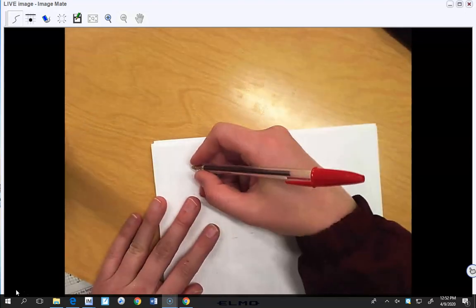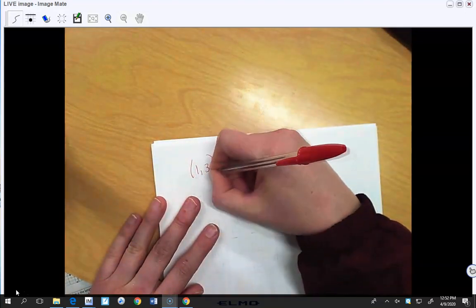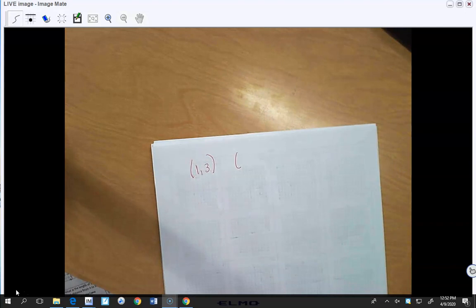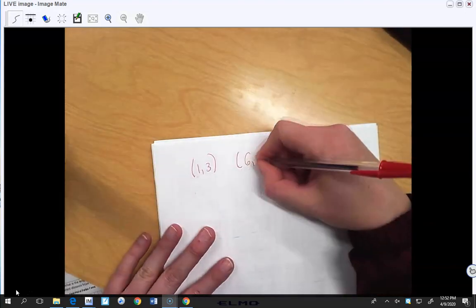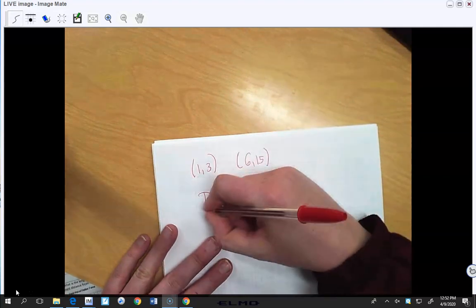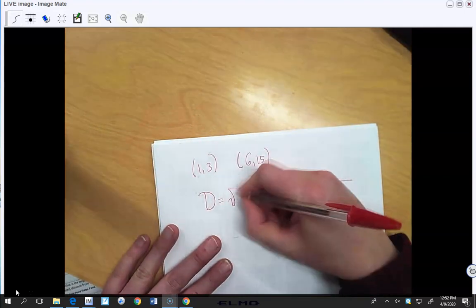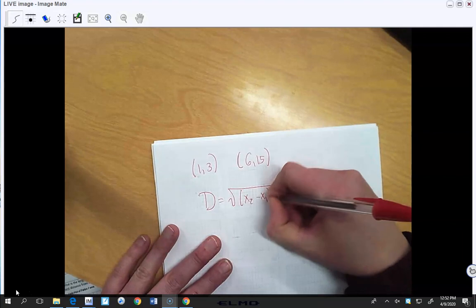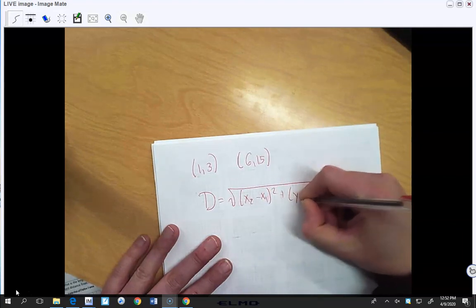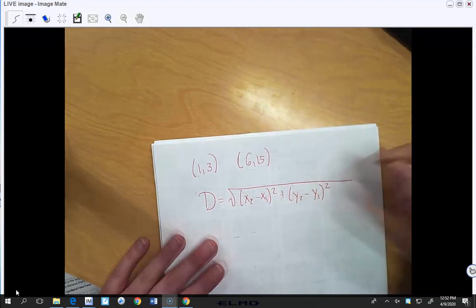Let's say we have the point 1, 3, and we have the point 6, 15. First, I write down the distance formula. D equals the square root of x2 minus x1 squared plus y2 minus y1 squared.